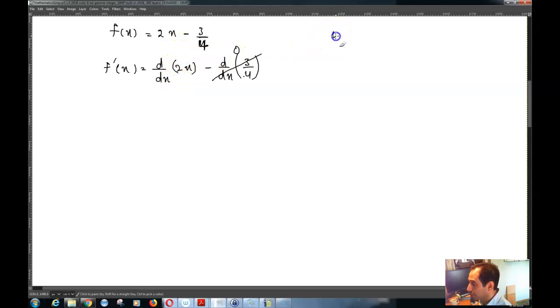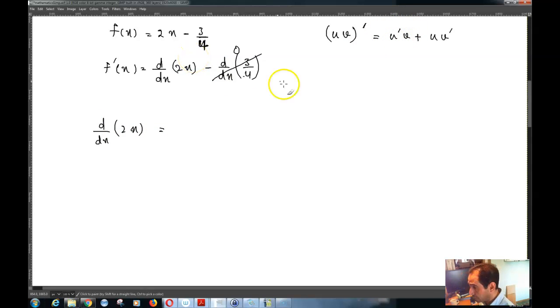That you already know. But d by dx of 2x is basically, u times v whole prime is equal to u prime times v plus u times v prime. So in the case of this function, d by dx of 2x is going to be equal to u prime times v.